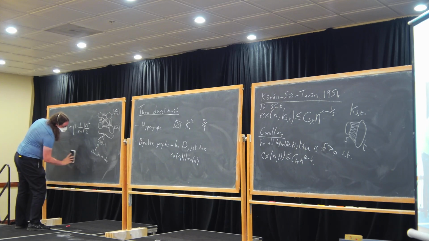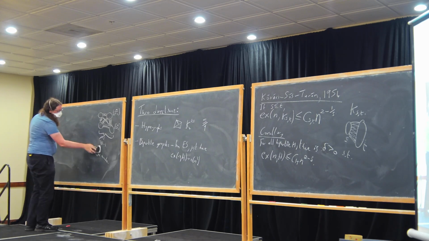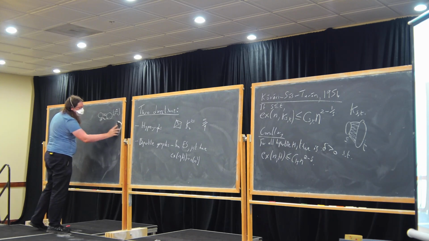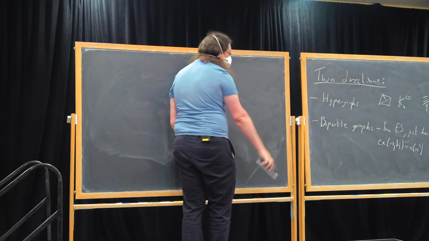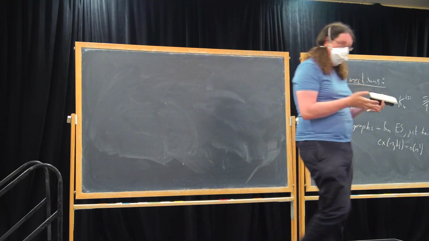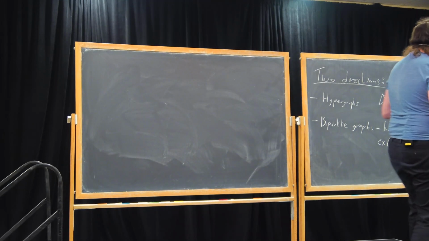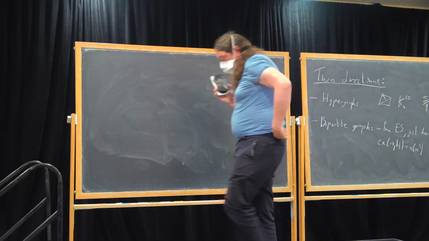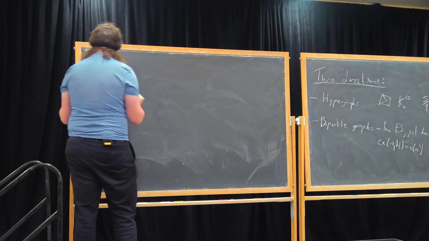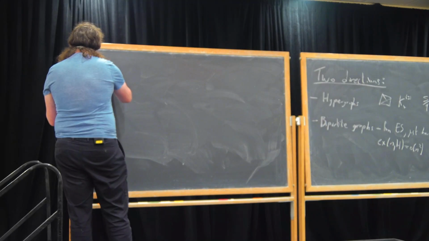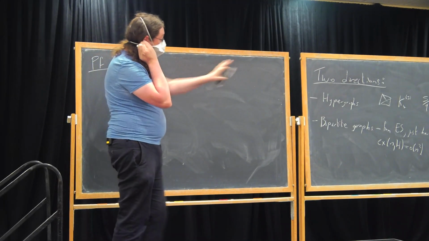Let me prove this result, because it's a very basic result, and it's a model for the kinds of arguments that we use in other situations. What we're going to show is that the extremal number satisfies this.